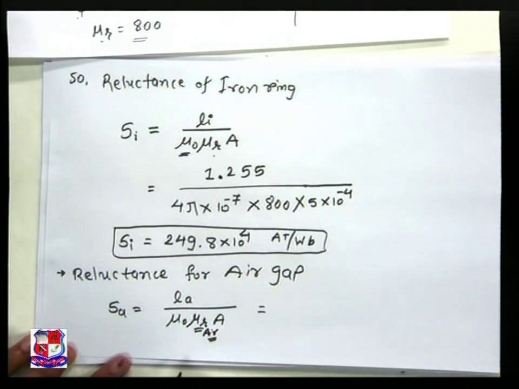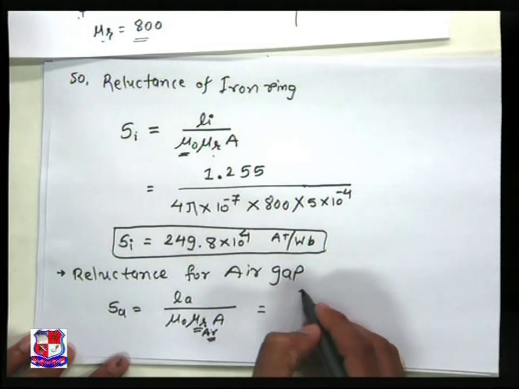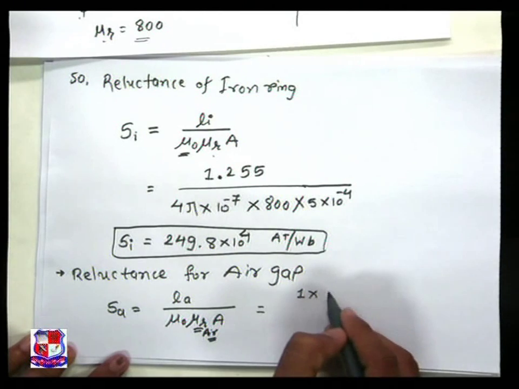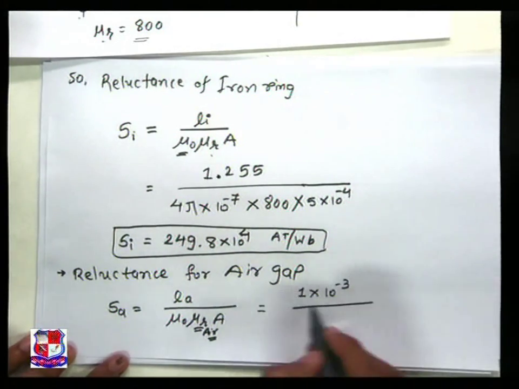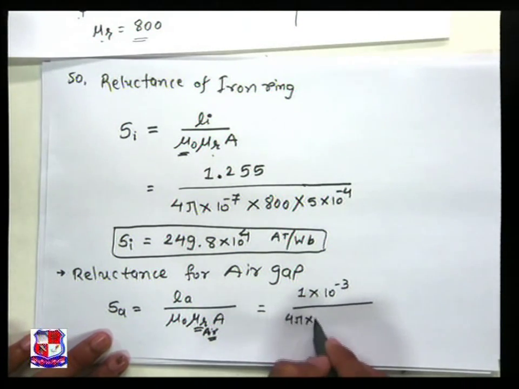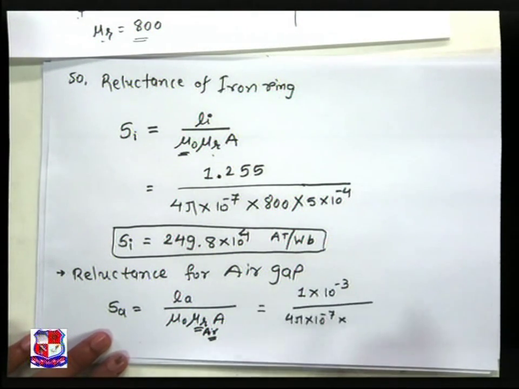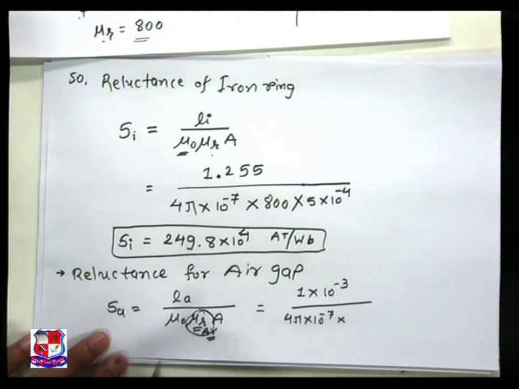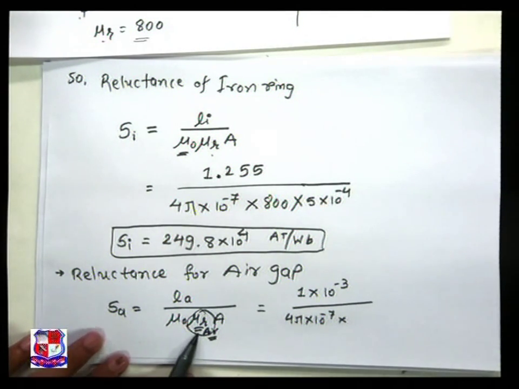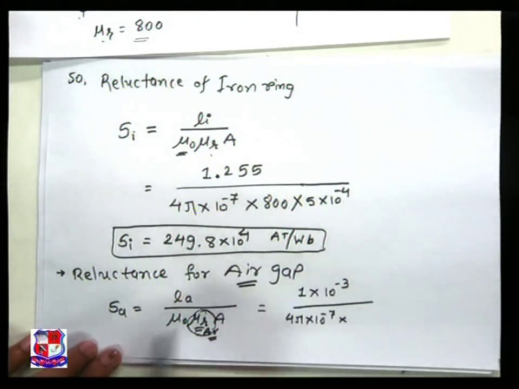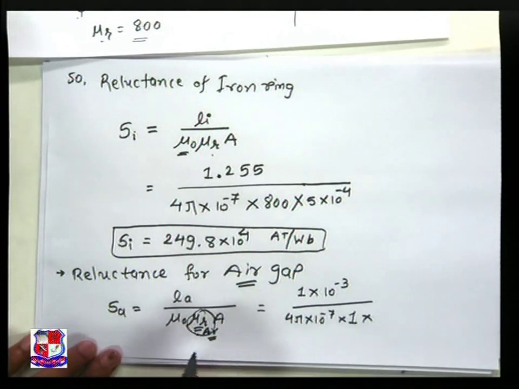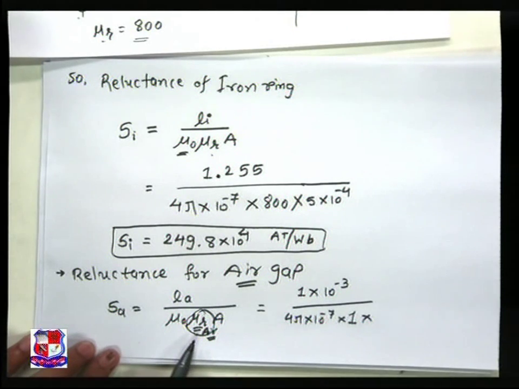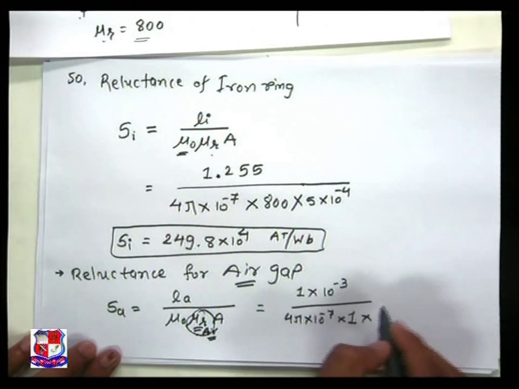So now put the values. Length is 1 mm, so 1 into 10 raised to minus 3. Mu 0 is 4 pi into 10 raised to minus 7. Again keep in mind mu r is the relative permeability of air, because we find out for air, so its value is 1. That is not given in the data, so we have to remember the value of mu r.